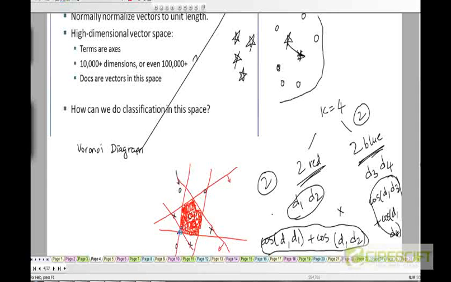Okay. Notice that the shape of this region is a convex polygon, and as you can imagine, you can repeat this exercise for all of the points and you will get similar closed polygons. For some of the points, the region may extend indefinitely into the space.